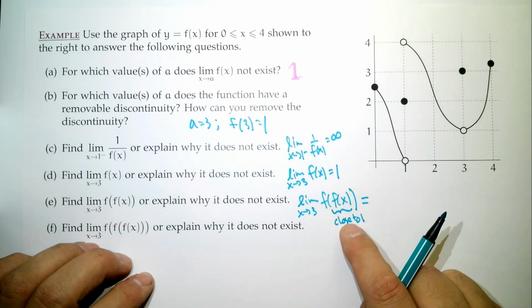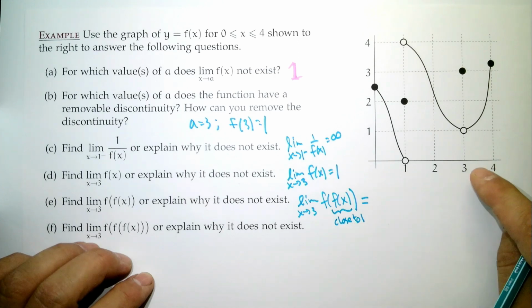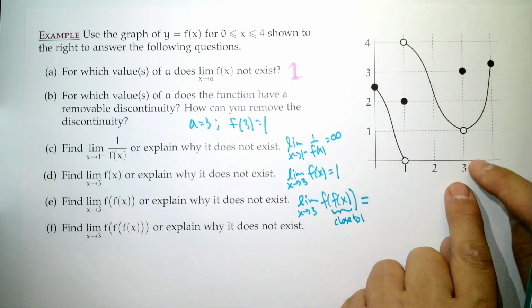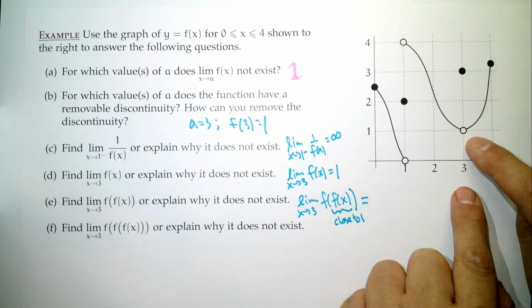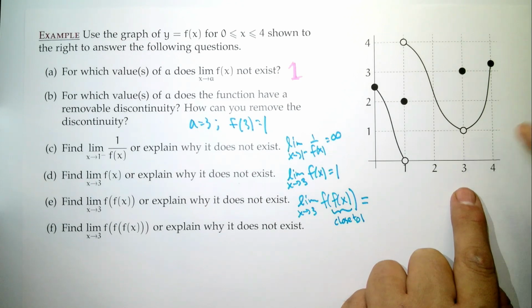We know that f of x is getting close to 1, but come back to the picture here. As I'm getting close to 1, how am I getting close to 1? So as I approach 3 in the x direction, how am I approaching 1 in the y direction? I'm coming in from above.